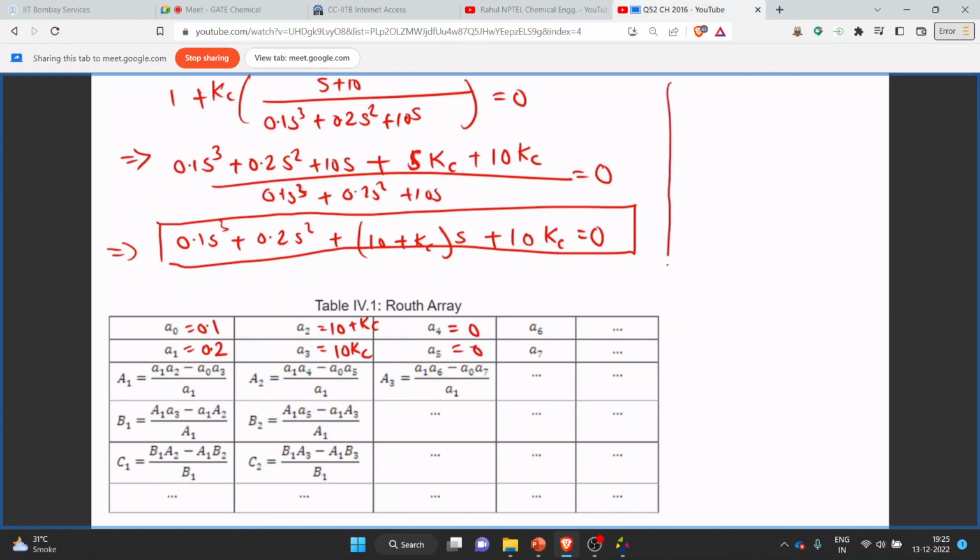And now we can find the value of b1. So b1 is (a1 a2 minus a0 a3) upon a1. So let's just find its value. That is (0.2 times (10 plus Kc) minus 0.1 times 10 Kc) upon 0.2.